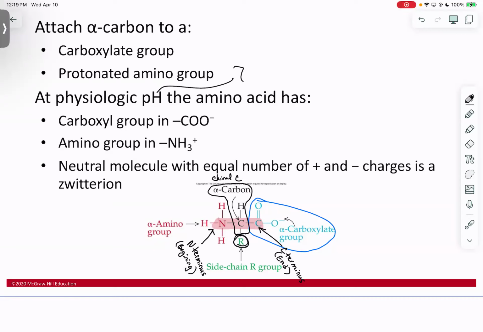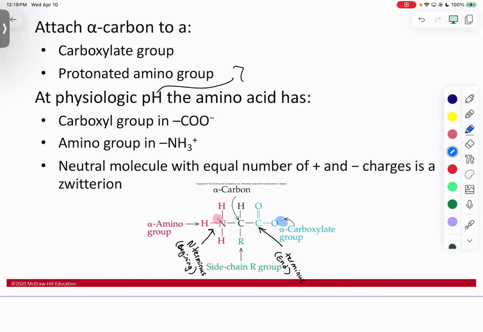So when we look at this molecule, let me erase some of this. It's getting kind of crowded. If we look at this molecule, on the N-terminus I have a positive charge, and on the C-terminus I have a negative charge. So it's a neutral molecule at this pH, and we call that a zwitterion. It's a ridiculous word.